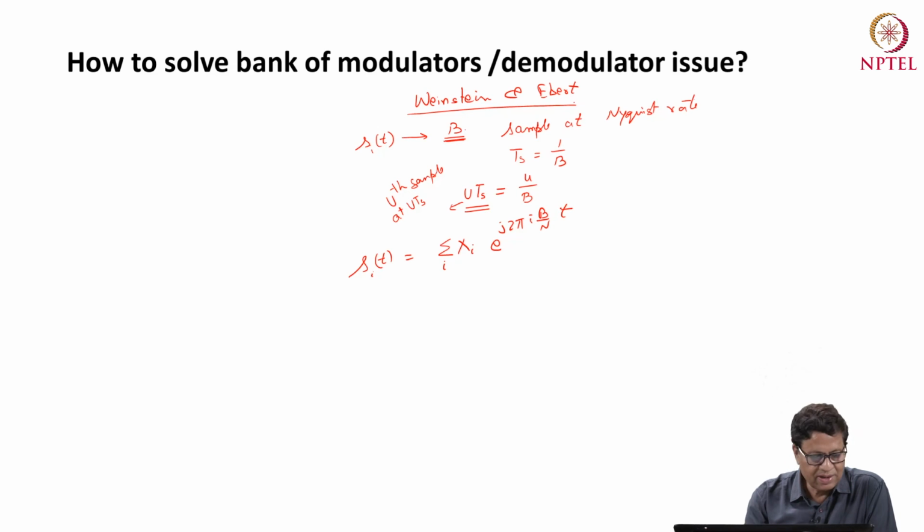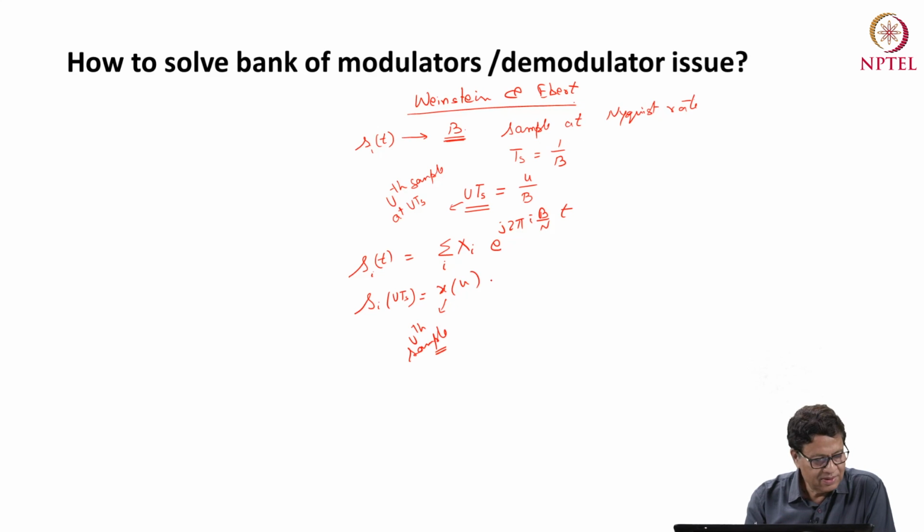This is my S(t). Now I sample. So the sample S(uTs), call this as xu. This is the uth sample. I'll be denoting the sample with a lowercase. So this xu is the uth sample.